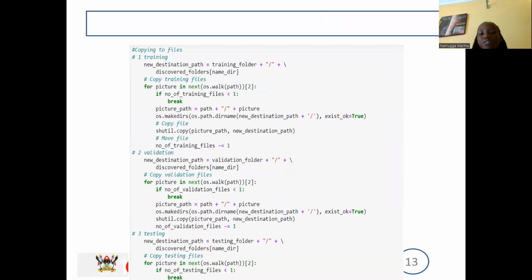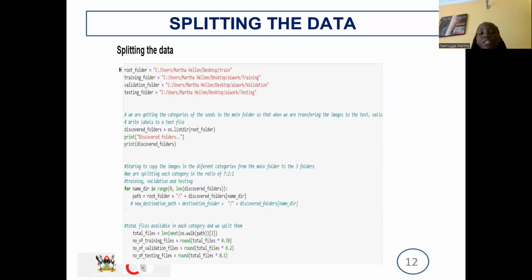So this is still splitting the data. If I'm to take you through the code, this is identifying that there are categories in my main folder. Then I'm splitting the data into the different categories, and I'm putting those categories in the training folder, validation folder, and the testing folder.